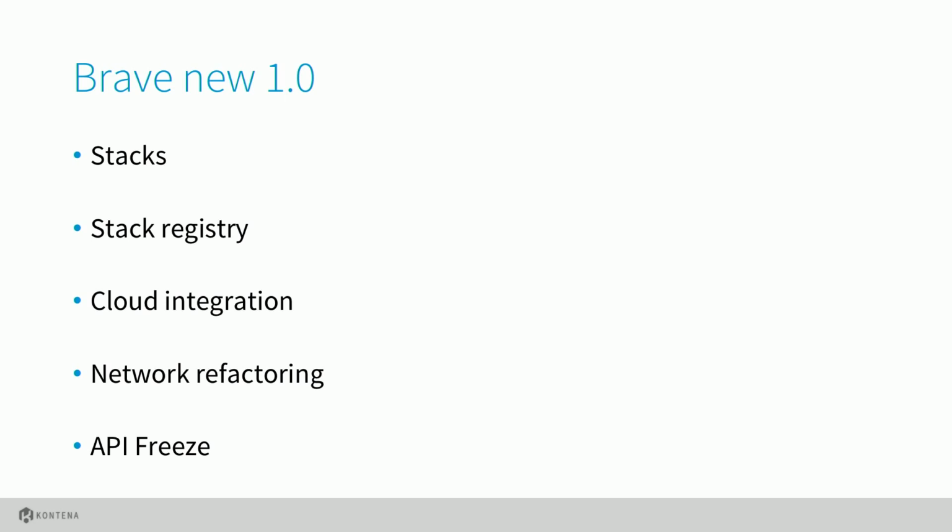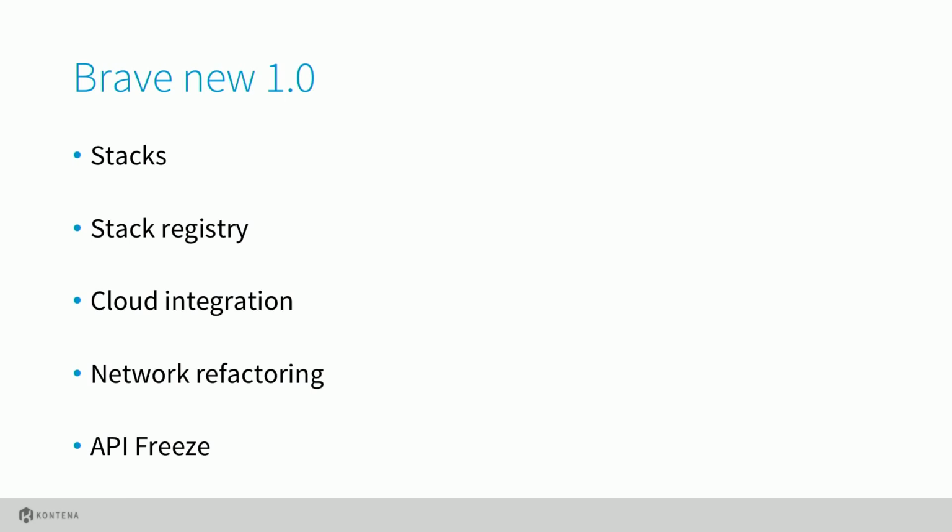What we've also been working on is a cloud integration. So we've been building up these Kontena Cloud services, and now the Kontena platform can automatically integrate to the Kontena Cloud side. And thus we are able to provide cool new things like, for example, a first version of a dashboard for your grid.